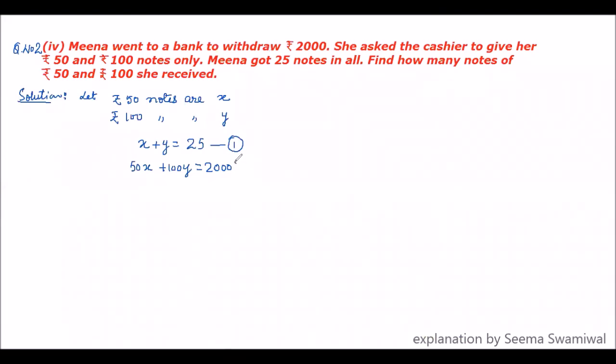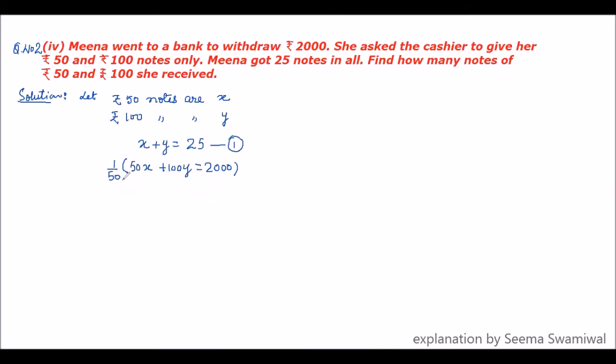How? We will divide the whole equation by 50. When I say I will divide the whole equation by 50, I mean both sides, so that the equation sign remains, and each and every term is divided.